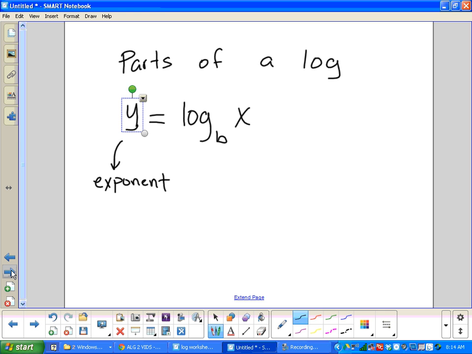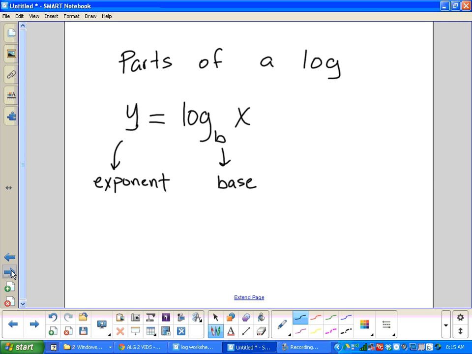So really, y is an exponent, even though it's not written in exponential form. It's plain old y, written as a regular number, yet it represents an exponent. Now, log here stands for log. The b part, again, is called the base.